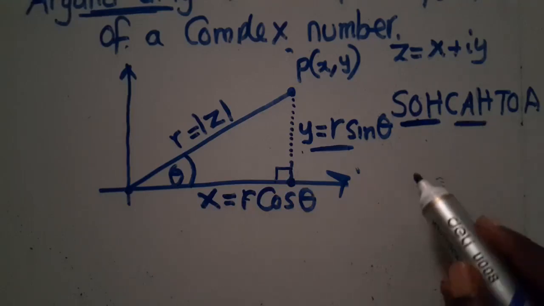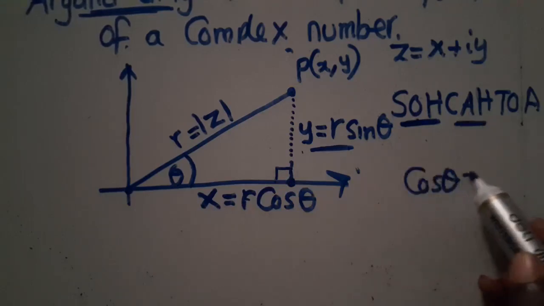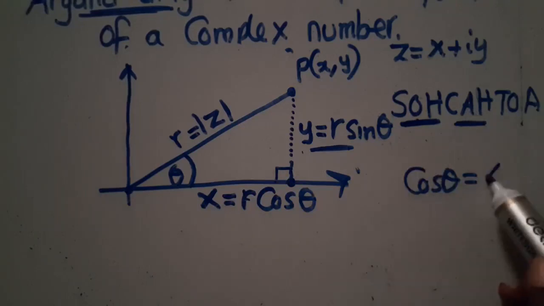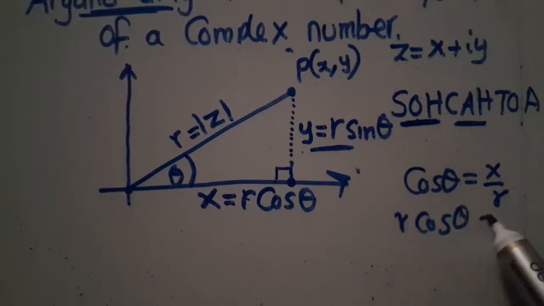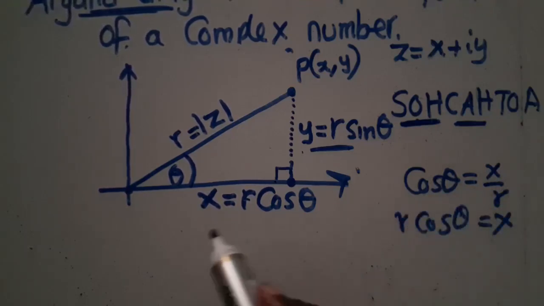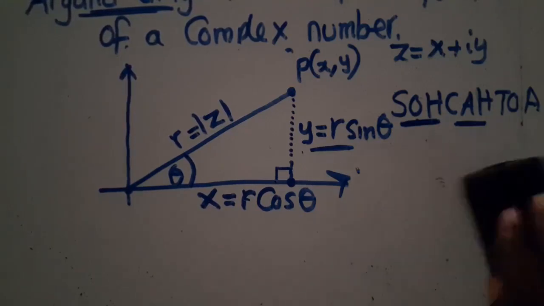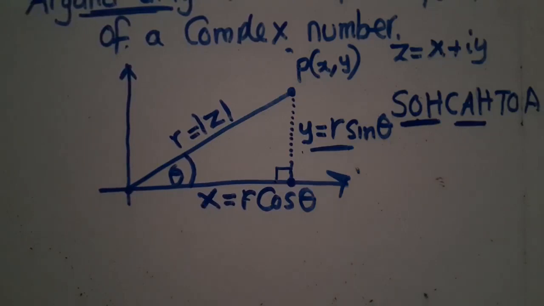You just say cos theta is equal to adjacent x over hypotenuse r there. If you cross multiply, r cos theta is equal to x. This is what I've just written here. This is just one and the same thing. So this is a diagram that you need to know and understand. Hope you've understood this part.